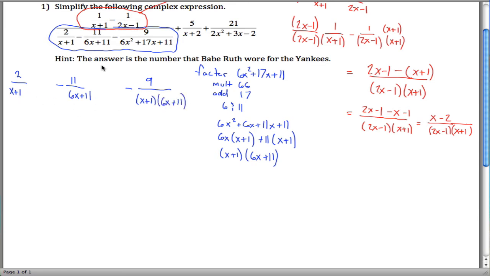What you might notice here is we have a least common denominator of just x plus 1 times 6x plus 11. We could make all three of these have the same least common denominator if I just multiply this one by 6x plus 11 over 6x plus 11.